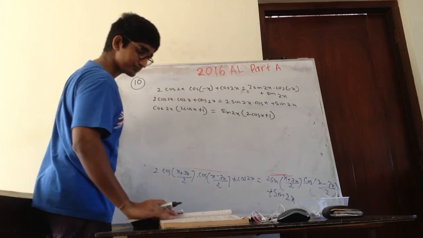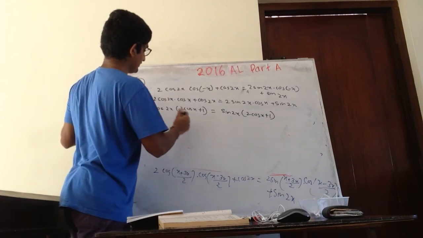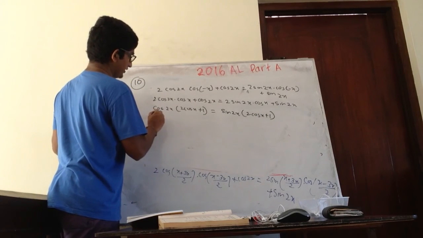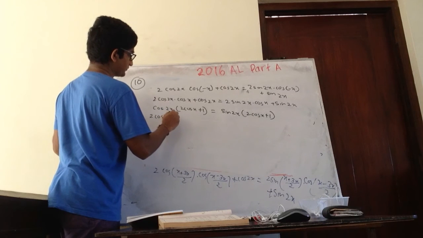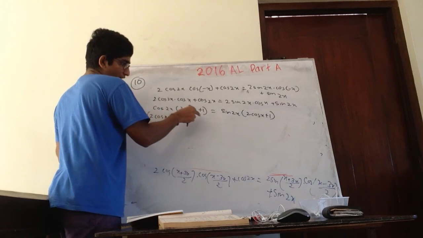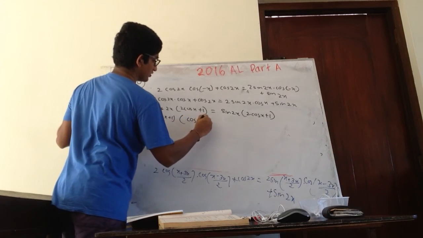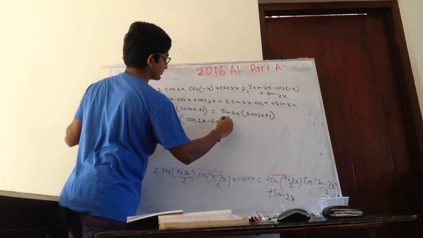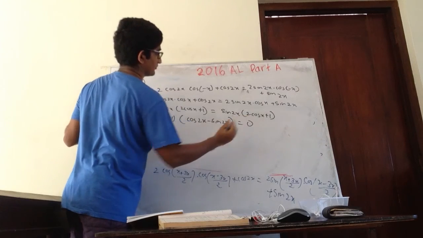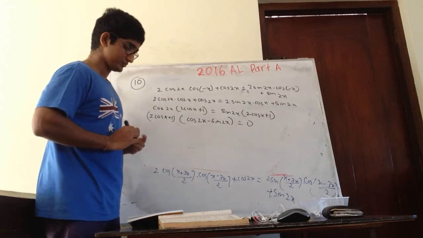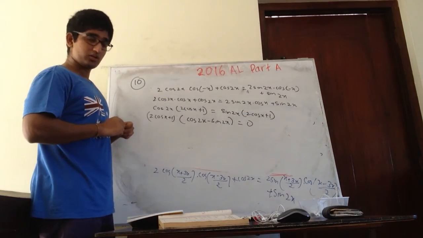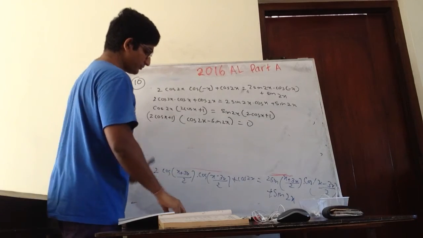Then I can take 2 cos x plus 1 as the common factor and subtract, giving (2 cos x plus 1) times (cos 2x minus sin 2x). Now there is an important point here.